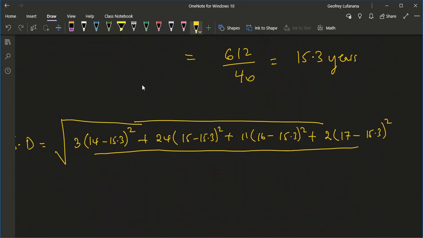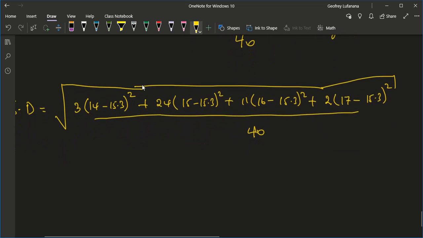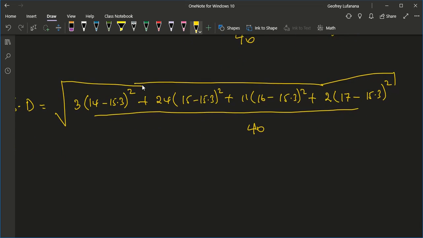And because we already know it, we don't need to add it again. So that's our 40. Now from my calculator, this is 18.4 divided by 40 under square root. And this is going to be 0.678 years. Now this is the standard deviation.